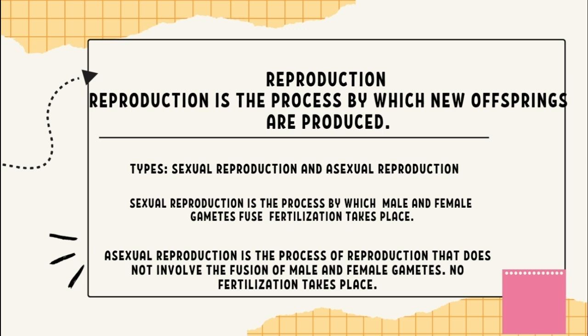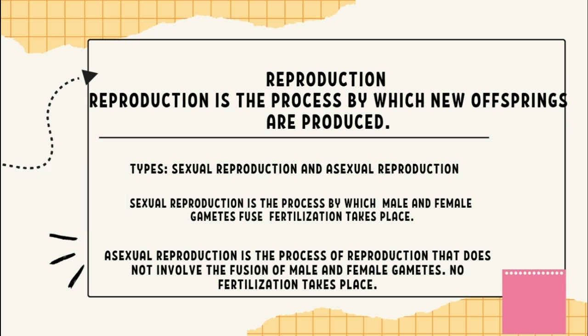One example of an organism that can reproduce asexually is plants. Plants don't need 2 separate genders, and they don't need any gametes to fuse in order to have offspring, in order to have new plants being produced.